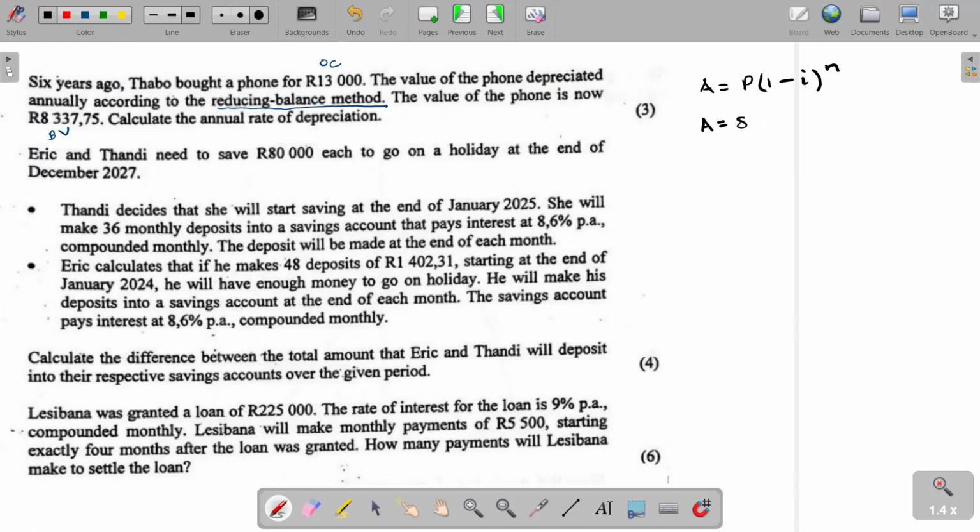So in other words, from what we are given, A is equal to 8,337.75. Then our P is the original cost of the phone, which is 13,000.